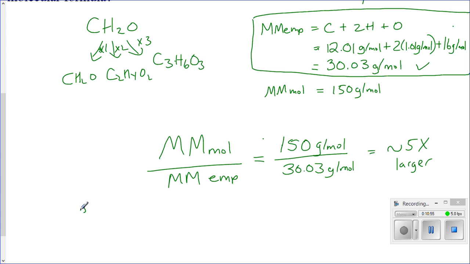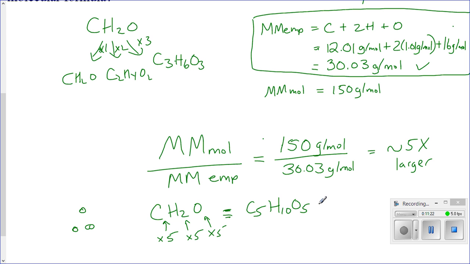So therefore, our molecular formula will be CH2O, but since it's 5 times heavier, we are going to multiply each one of these subscripts times 5 to make it 5 times heavier. So therefore, our molecular is going to be equal to C5H10O5.